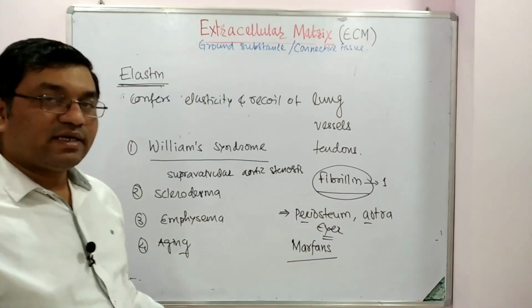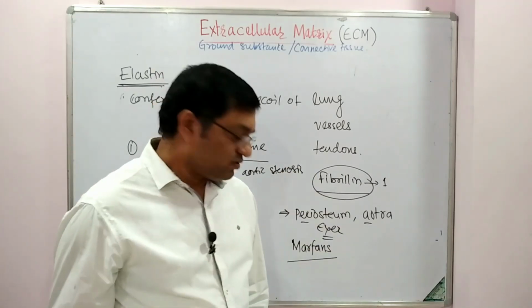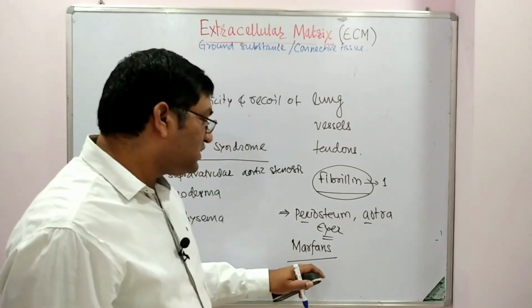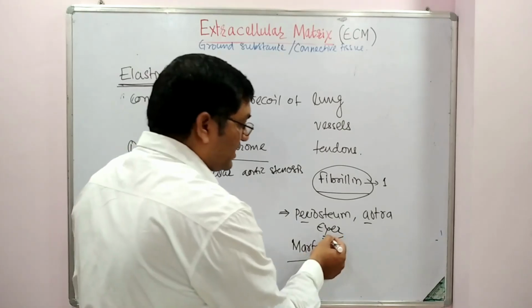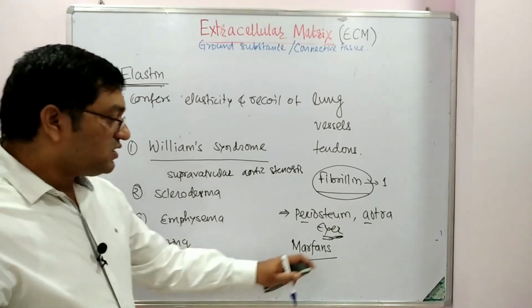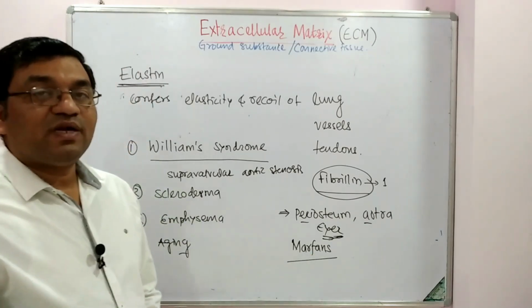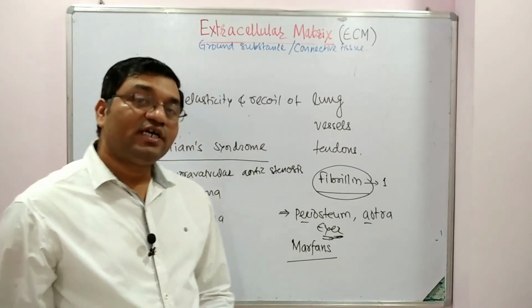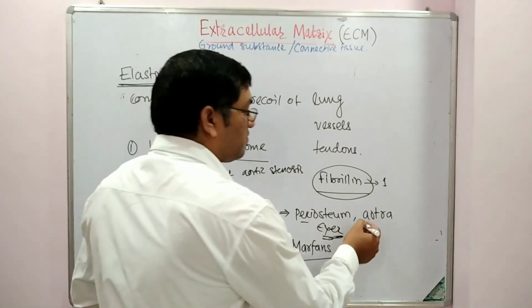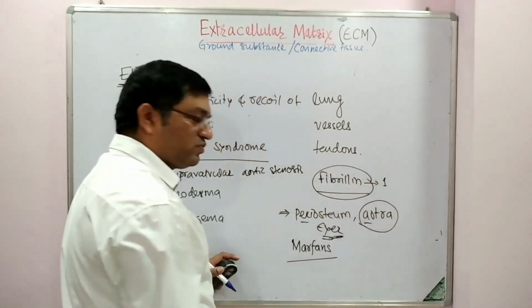It is characterized by tall stature and long digits. Then ectopia lentis, as it is present in the eyes, results in subluxation of the lens, and severe malformation because of dilatation of the aorta.